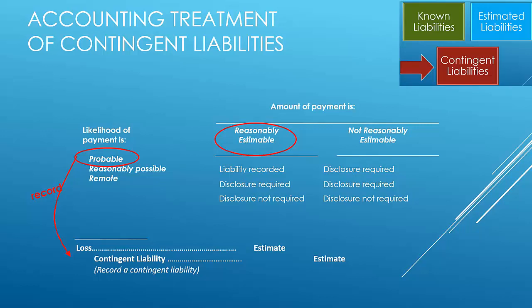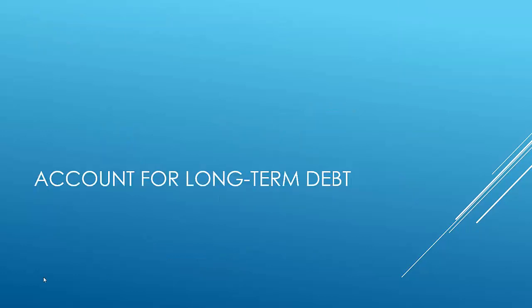The only condition in which we will document a journal entry is if it's probable and the amount of the loss is reasonably estimatable. In that case, we'll put a loss down over here, and we'll enter that as a contingent liability, which is a liability, which means that we increase it by the amount of the estimate with a credit. So I hope this little table helps you.